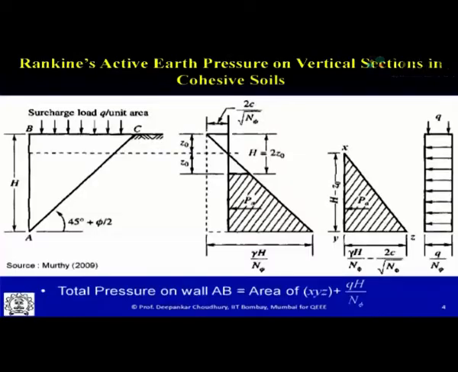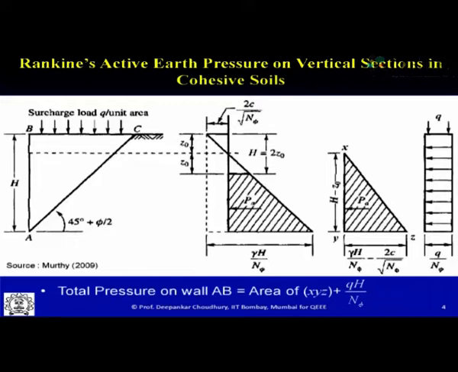This zone of tension crack, he also found, is almost close to half of the total critical height of the vertical crack. So if we extend it further, let me come back to this derivation.